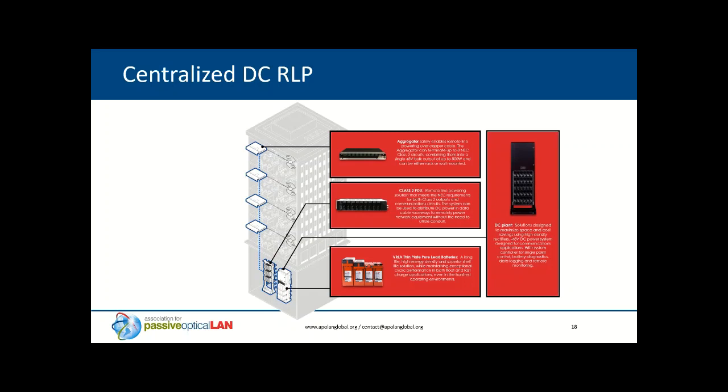And then you can still break out Class 2 PDUs throughout those locations. So you can still run almost a hybrid distributed type architecture while still allowing your main power plant and battery plant.